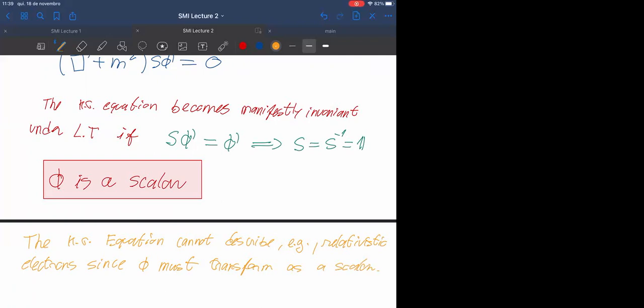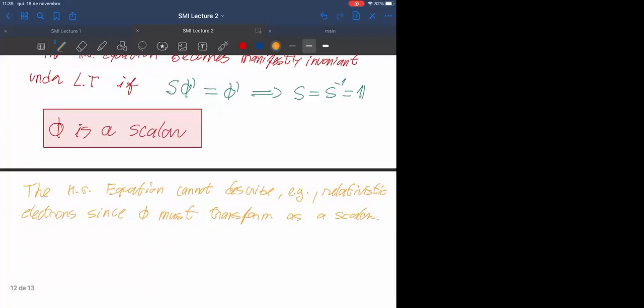An electron is a spinor, in fact, so it does not transform as a scalar. So it's an equation for spin zero. Let me put here: this is for spin zero particles.